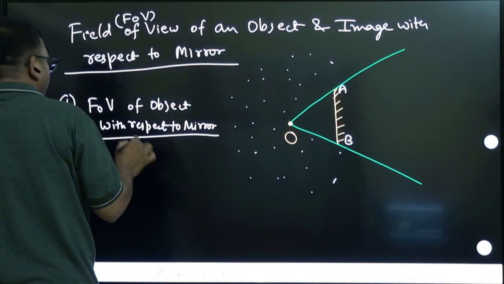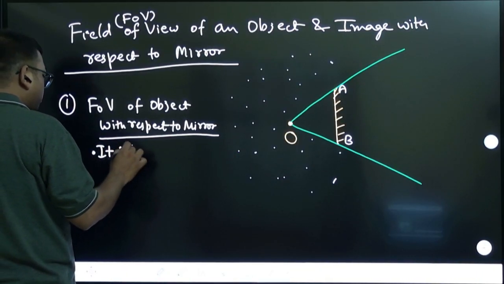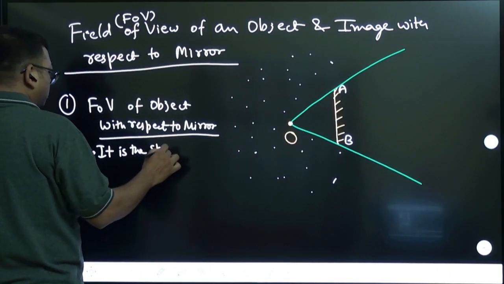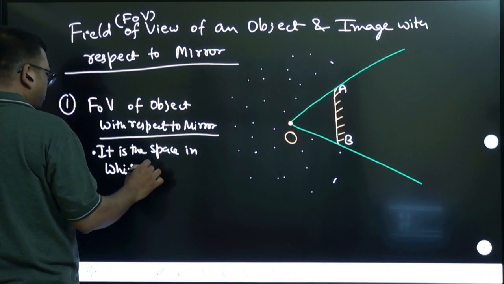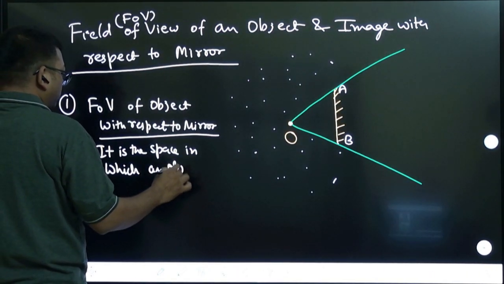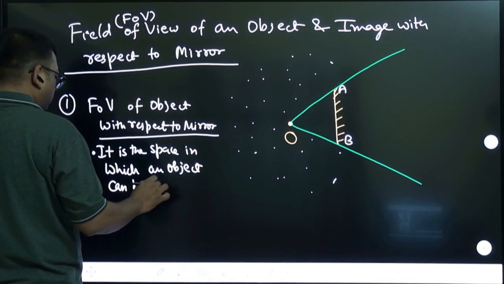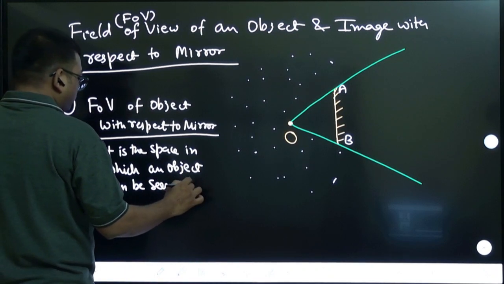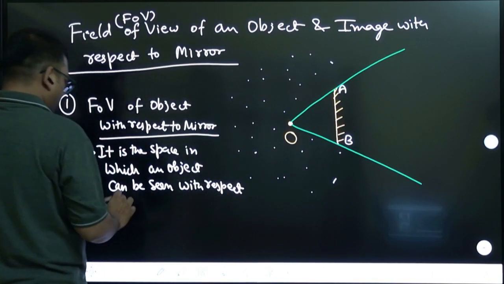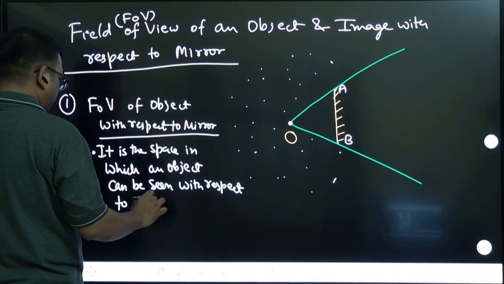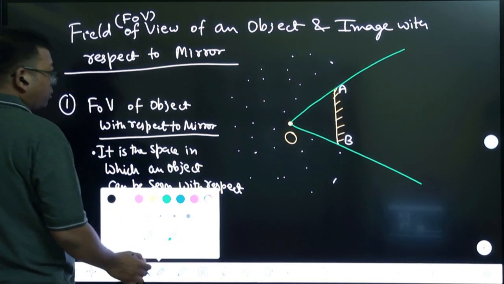So what is the field of view of an object with respect to a mirror? It is the space in which an object can be seen with respect to the mirror.